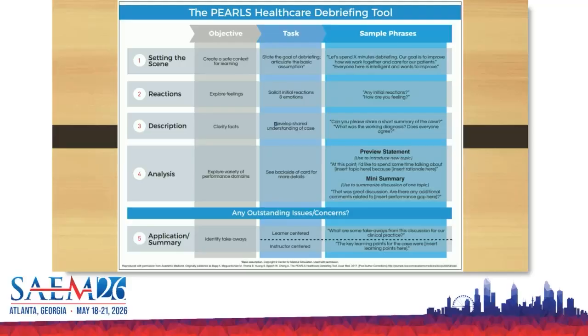Did I give the right medication? What was going on? What happened here? That's often what happens with even some of my residents. Everyone really wants to know if they did the right thing. So having somebody summarize the medical aspects of the scenario helps them then fully engage in the analysis phase, right?